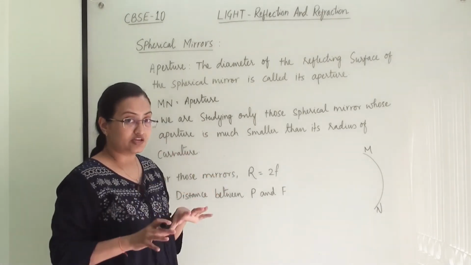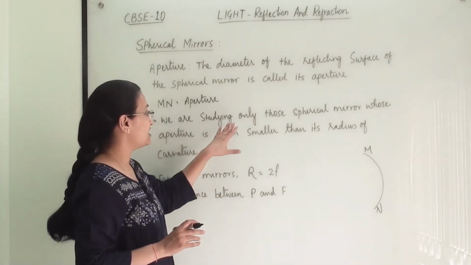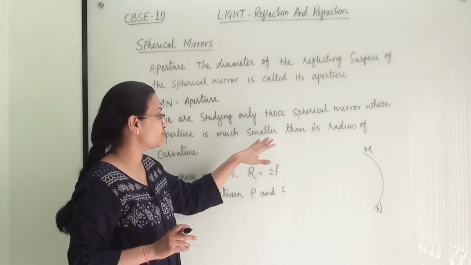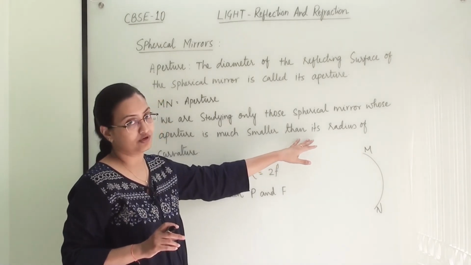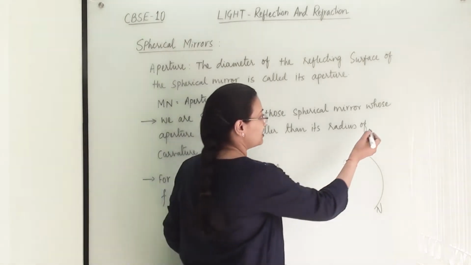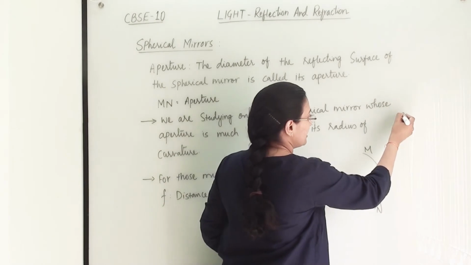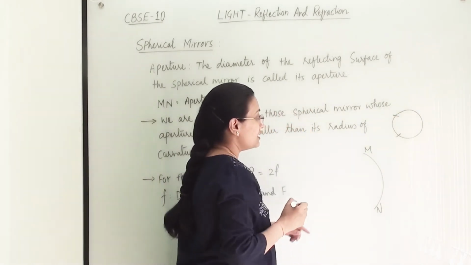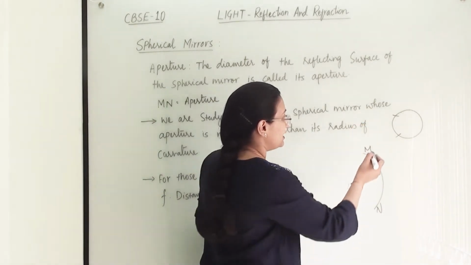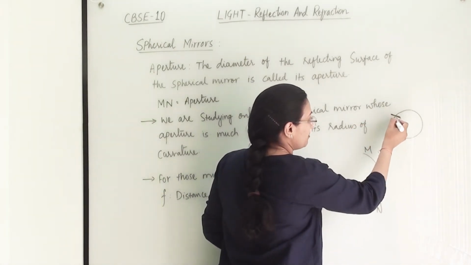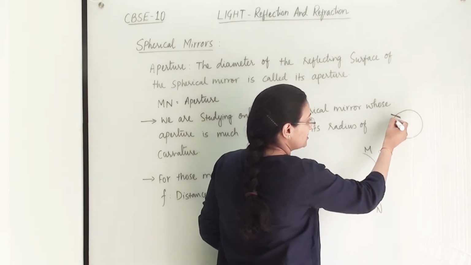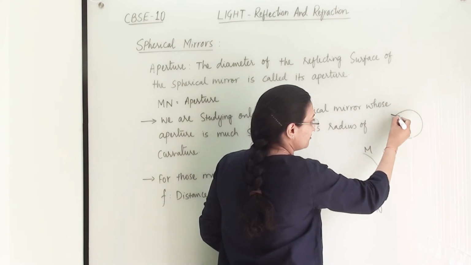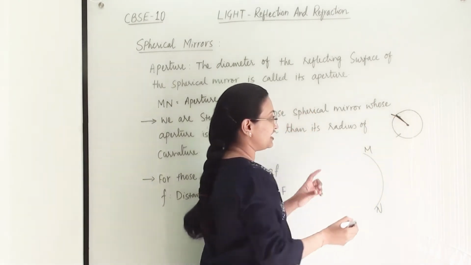But in this chapter, in this standard, we are studying only those spherical mirrors whose aperture is much smaller than their radius of curvature. Now what is the radius of curvature? We have seen earlier that this spherical mirror is a part of a sphere. The distance from the mirror, where the sphere is parting from its base, to the center is the radius of curvature.